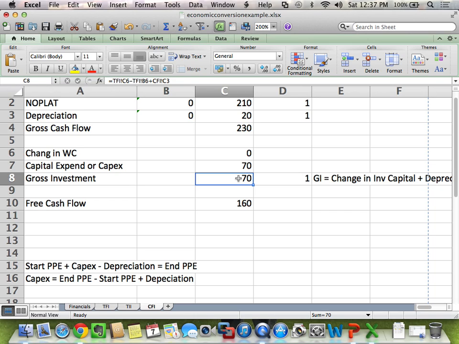That's because, unfortunately, particularly in the last 10 years, the Capex that the accountants report is not the actual Capex that the company spends. Here's what I mean by that. For whatever reason, the income statement is supposed to be the change in the balance sheet.